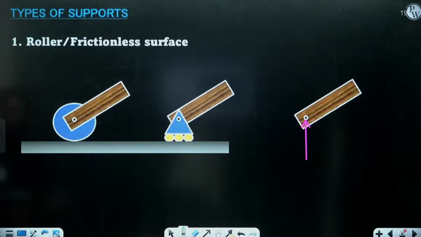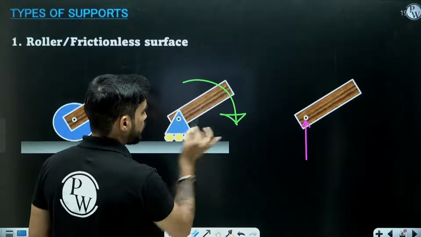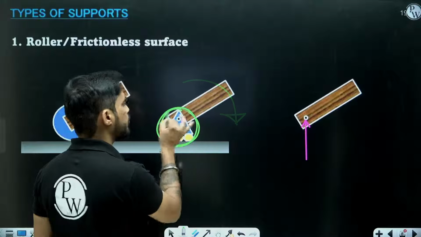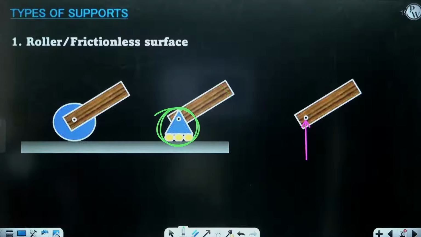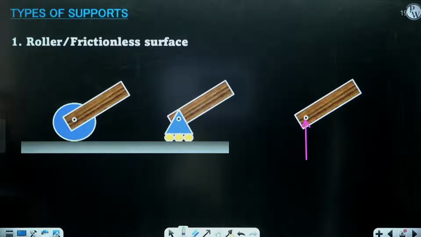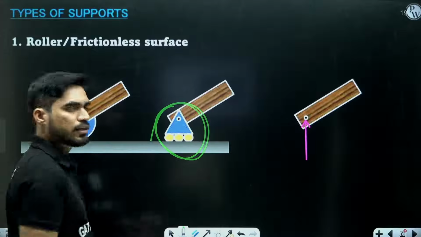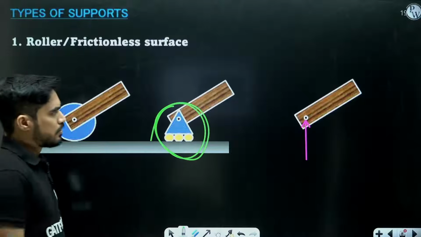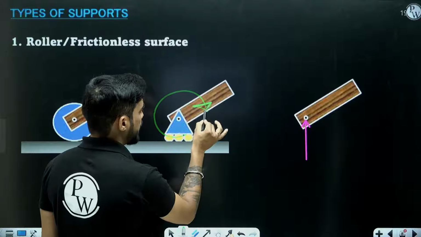Now, if I try to rotate this body, will this support be able to restrict that motion? No. So I will not get any couple as a reaction.